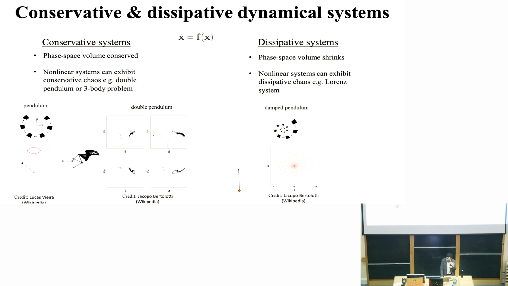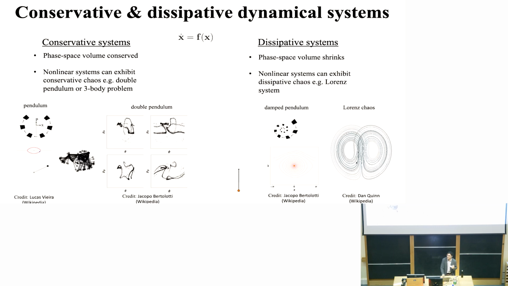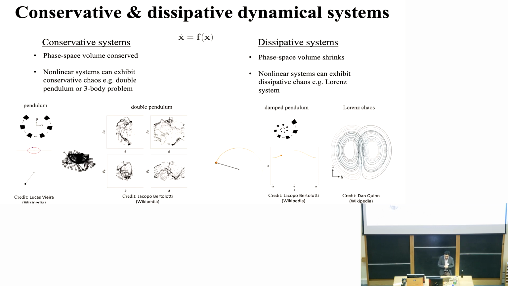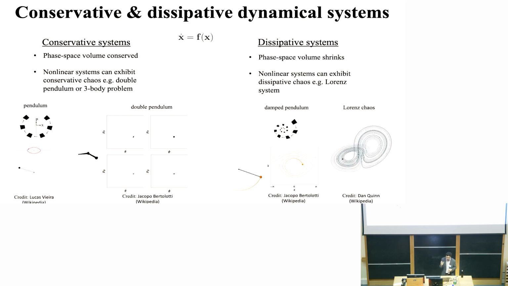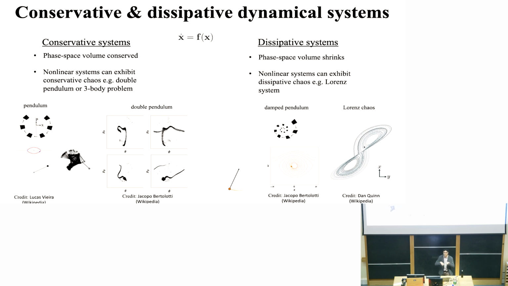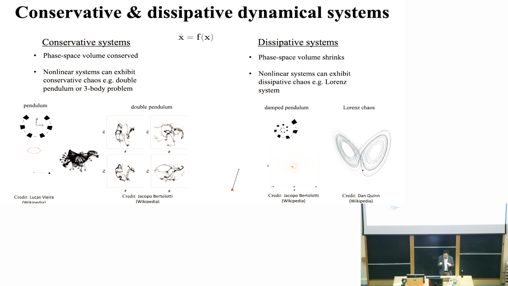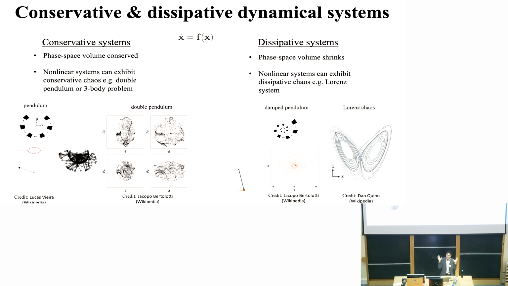A classic example is the Lorenz chaotic system, where chaos was first reported. It's a dissipative system, but as you see, all initial conditions converge on this fractal-shaped attractor. A volume in phase space would again stretch, fold, and bend in different ways, even though the total volume would be shrinking with time.